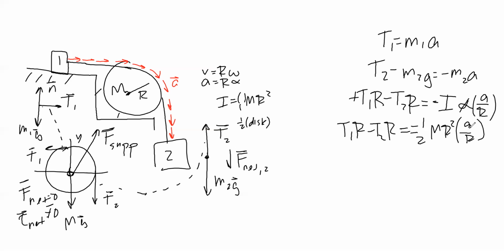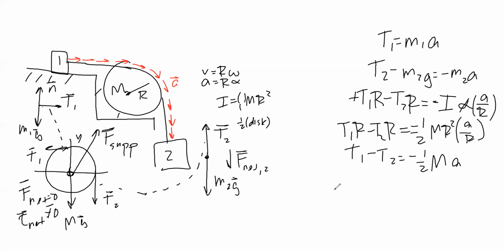Because on the right-hand side, you have the r squared in the numerator from the moment of inertia, and then you have the a over r, the r in the denominator from the rolling without slipping constraint. So all the r's cancel, and you're left with really a third equation similar to these two at the top. T1 equals m1a, T2 minus m2g equals minus m2a, which is just T1 minus T2 equals minus 1/2 big M times A.